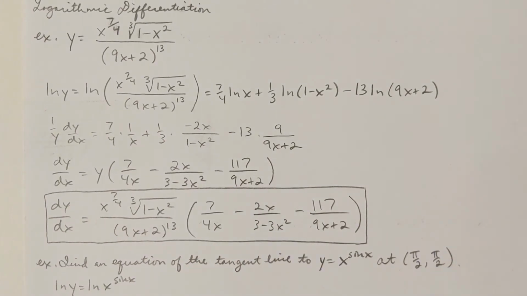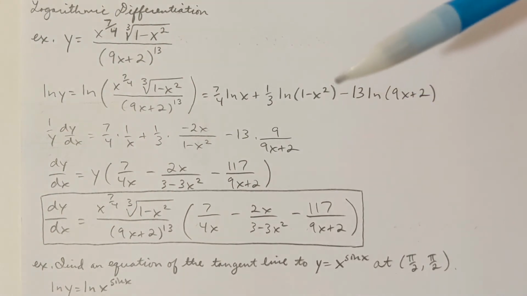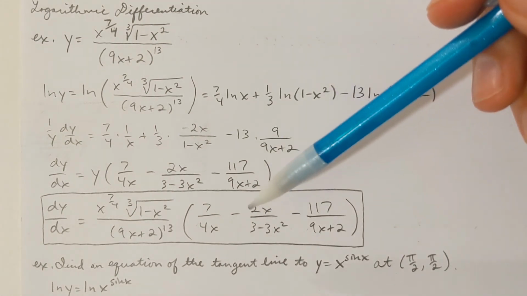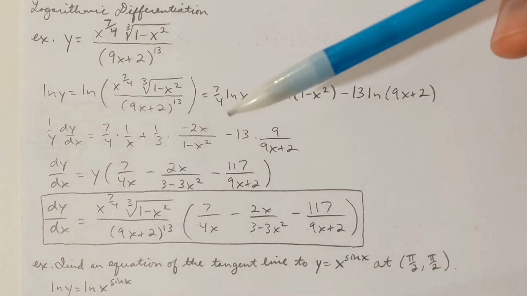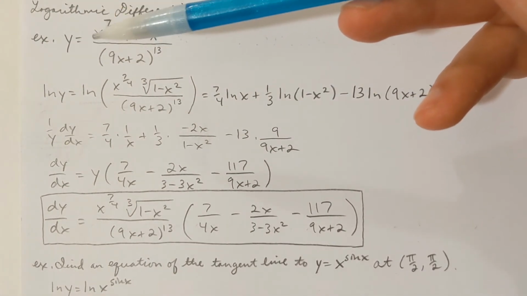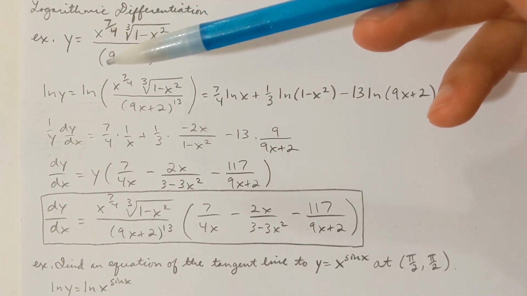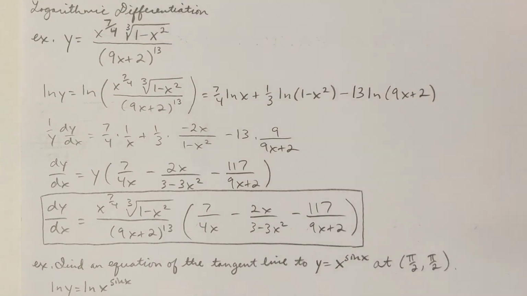Now, this method might be a better plan rather than going right to a derivative. Because like I said, if I were to immediately go right to y prime, I would be using the quotient rule, and then inside of that I would have the chain rule twice along with the product rule.